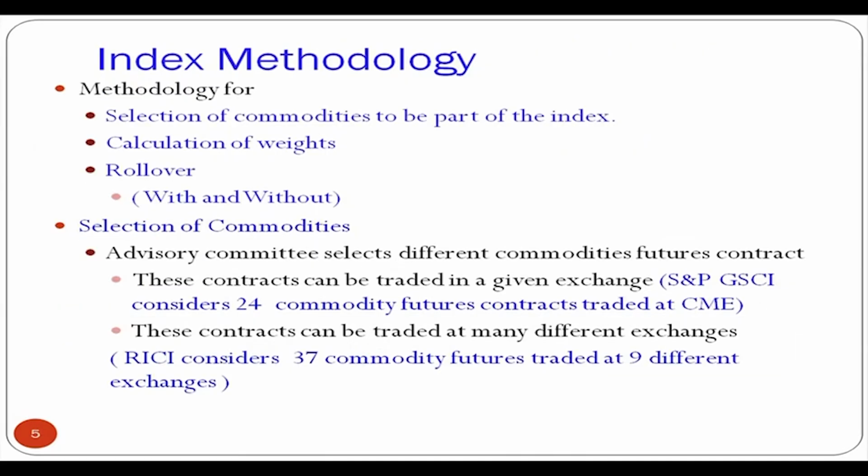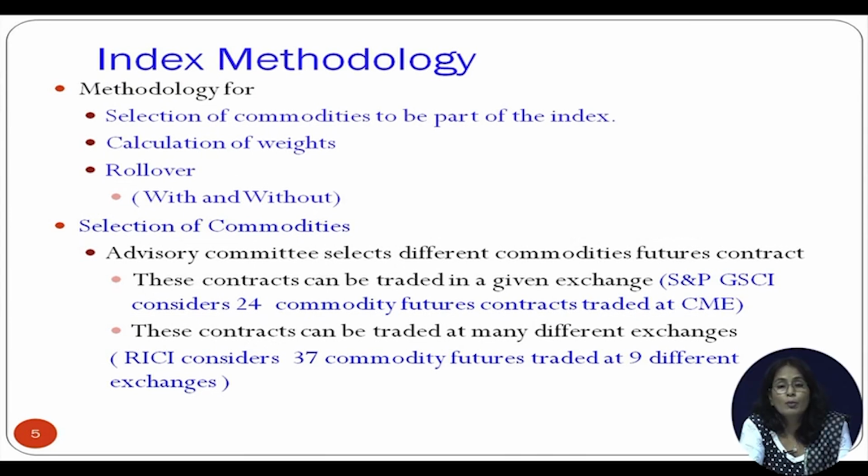If you can see, the RICI considers 37 commodity futures traded at 9 different commodity exchanges. However, Goldman Sachs considers only those futures contracts which are traded at the Chicago Mercantile Exchange.